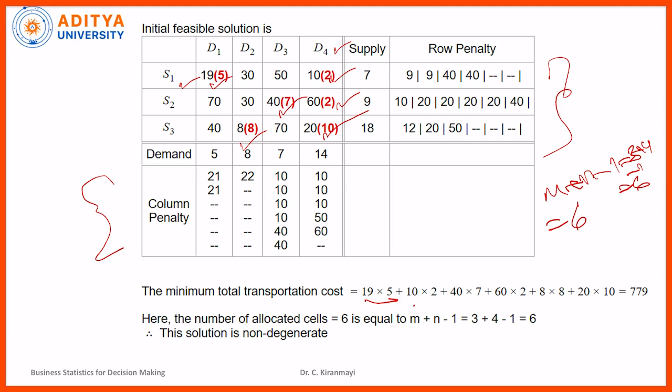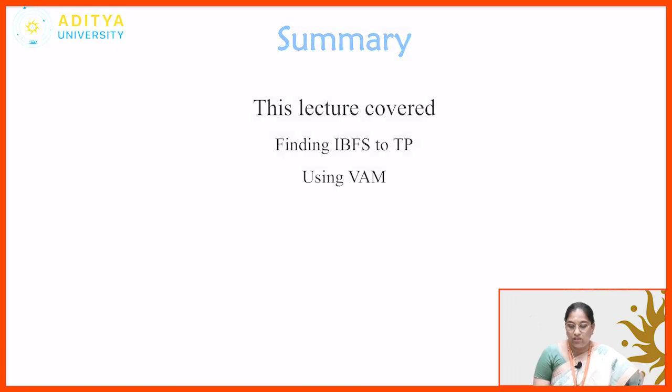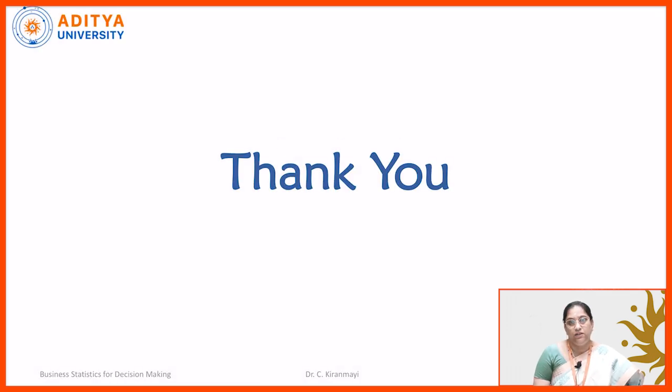Likewise, we calculate the minimum total transportation cost, which is 779. By the end of this lecture, we understood how to find penalties for each row and each column, which cell is to be given allocation after identifying the penalties, and how to reach the initial basic feasible solution.